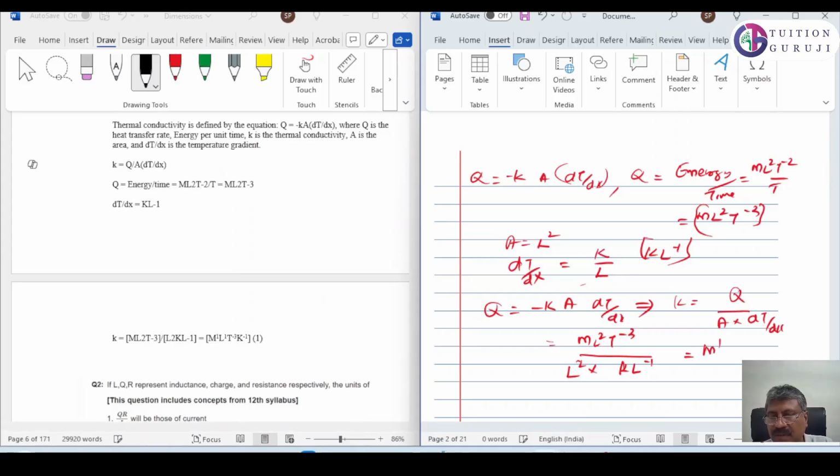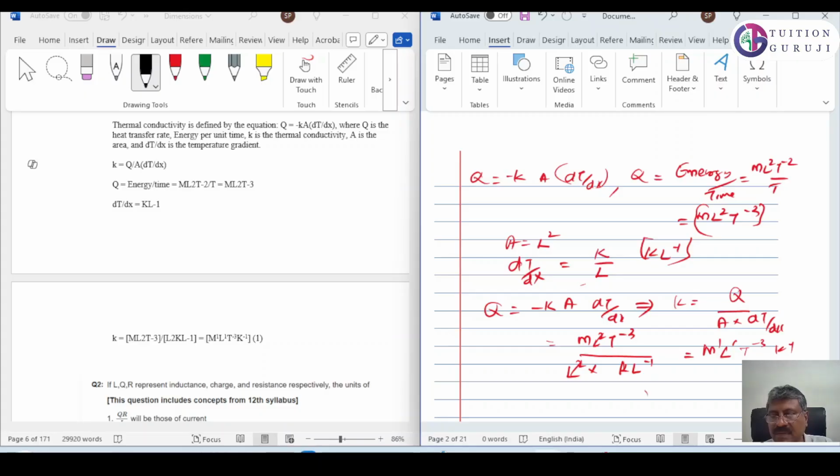So it will be M raised to 1. Now here L square cancels. Now it is 1 over L raised to minus 1, and when it goes up, it is L raised to 1. Then T raised to minus 3. Then 1 over K goes up, it will be K raised to minus 1.